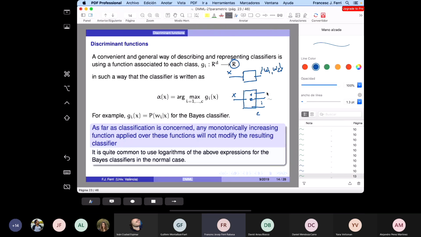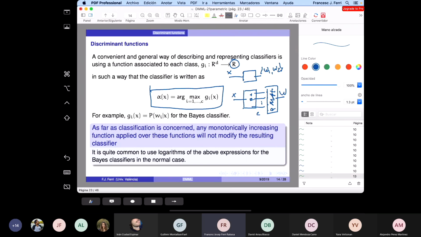Once we have these outputs, we compute a max. Well, in fact, an arg max. Whatever class gives the maximum value, that is the output we give.